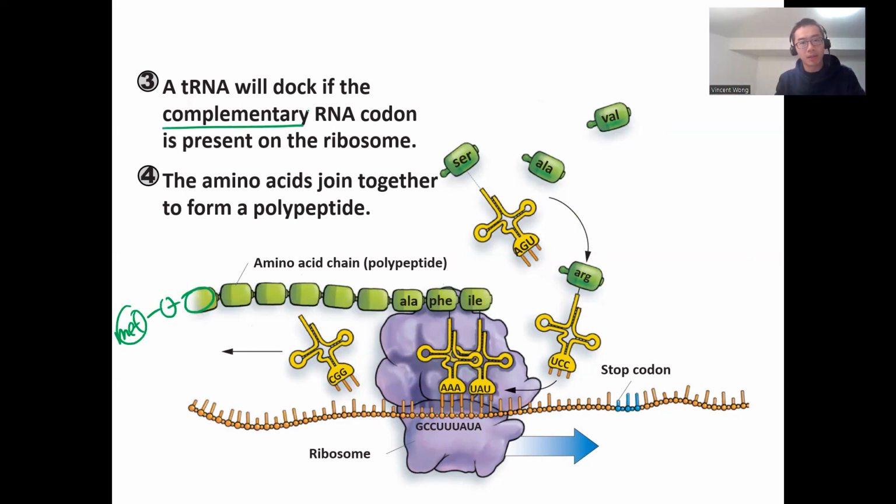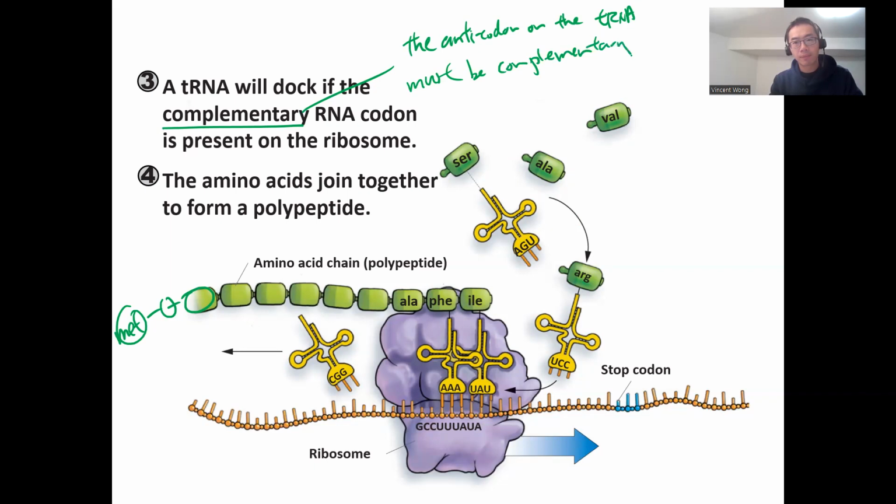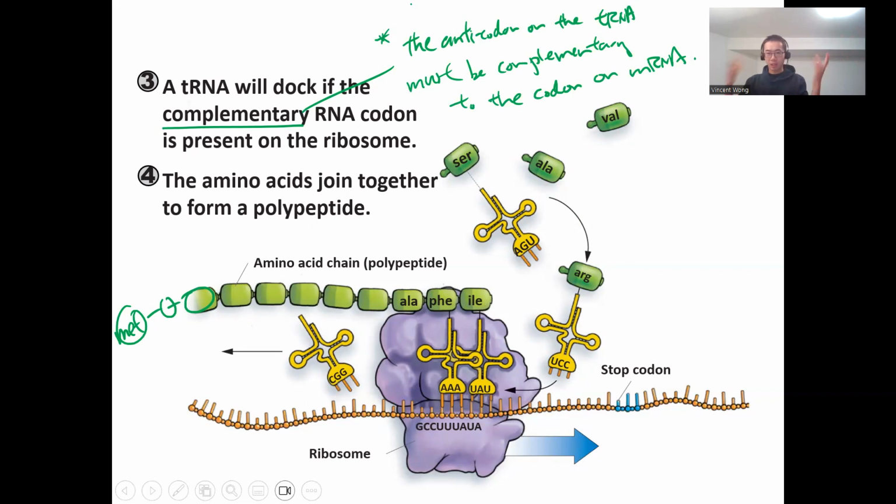To write it better: the anticodon on the tRNA must be complementary to the codon on mRNA. Okay, perhaps this is the key sentence that summarizes the most important thing.